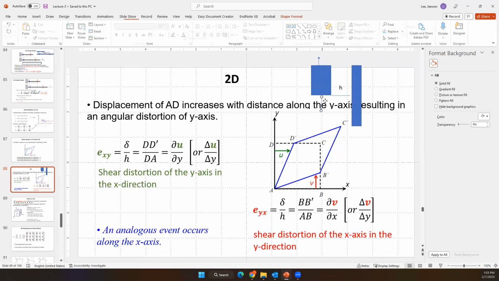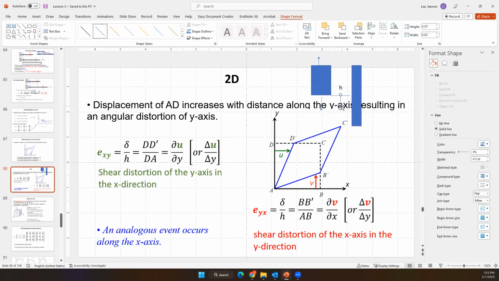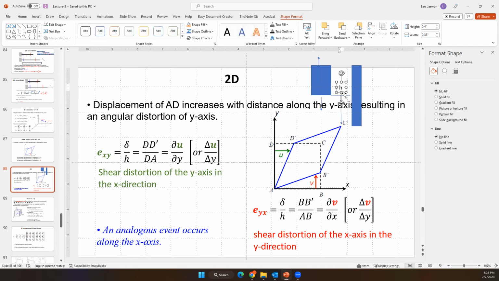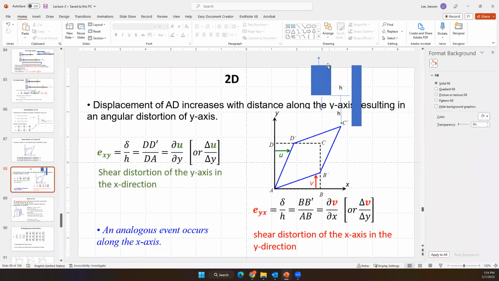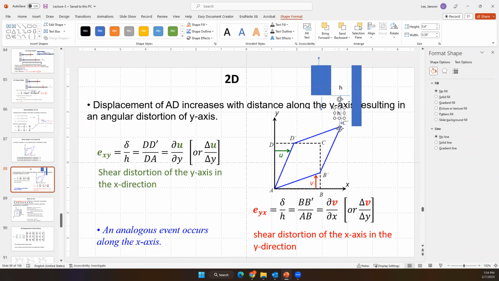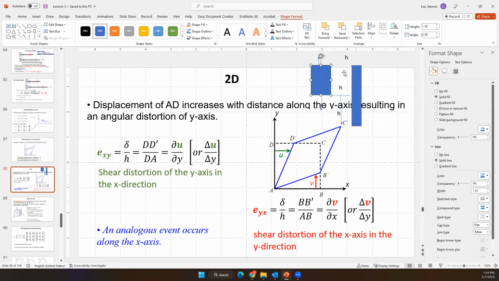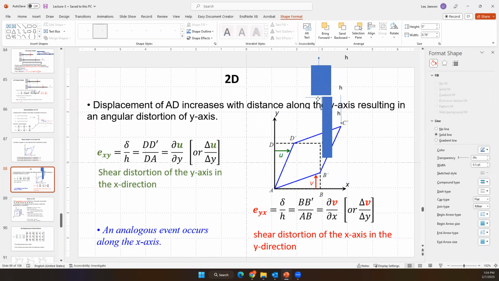H here, and delta is going to decrease from here. This direction is defined as delta.